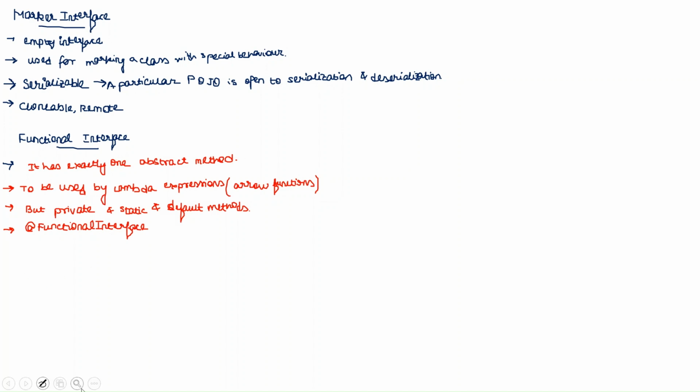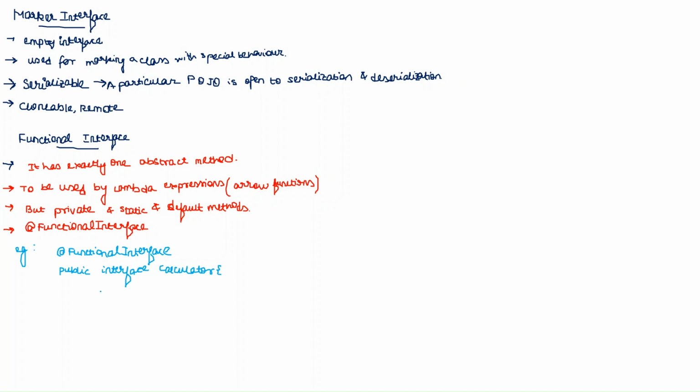Just as an example, let's say I have to create a functional interface, a calculator. So I would write @FunctionalInterface like this, and then the same old way we create an interface: public interface Calculator.